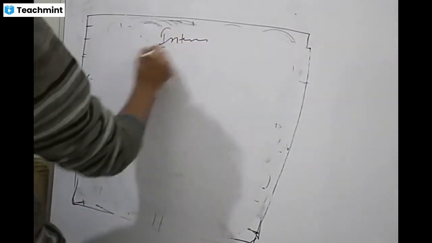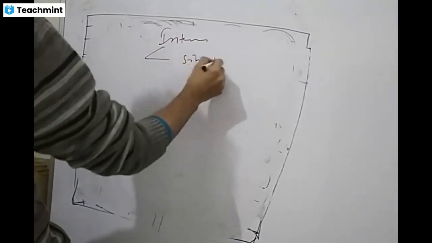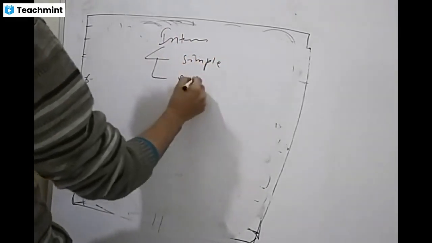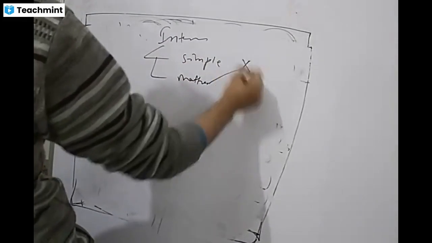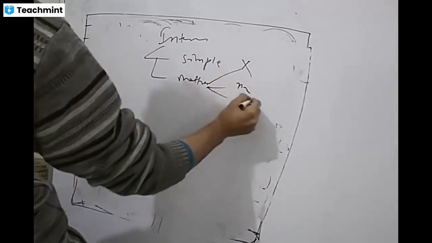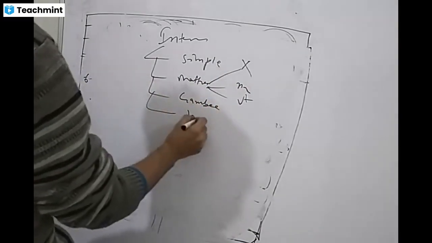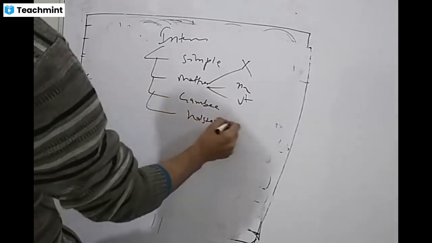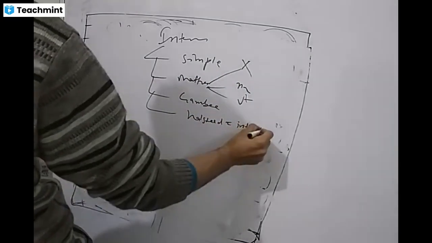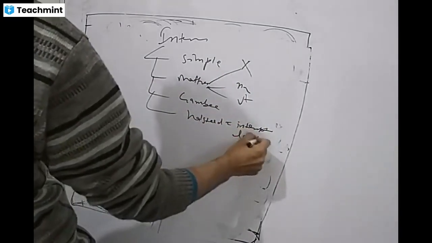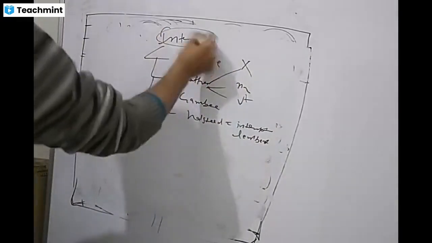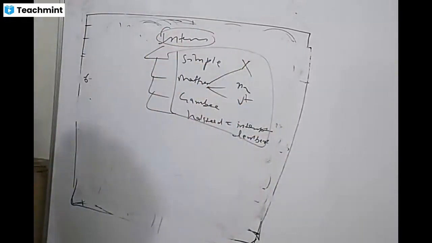So interrupted patterns were simple, then mattress. Mattress were cruciate, horizontal, vertical, and last were your Gambee and your Halsted, which is nothing but interrupted Lembert. So these are interrupted patterns of the suture.